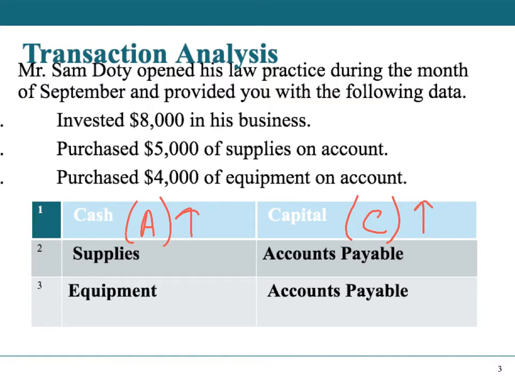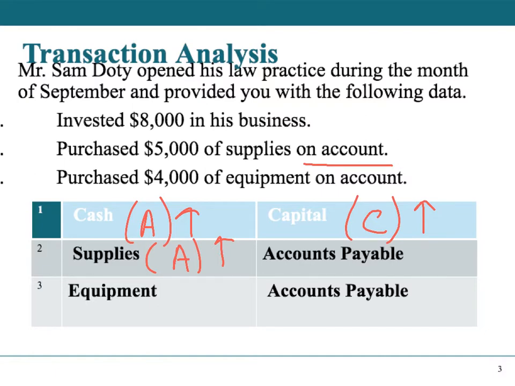Think of it as his share in the business becomes larger. How about next one? The business purchased $5,000 worth of supplies on account. So watch out for that word. If we purchase supplies, supplies are an asset. That's your future economic benefit that you can use. Those went up. And then because it was purchased on account, it tells you we have not spent any cash.